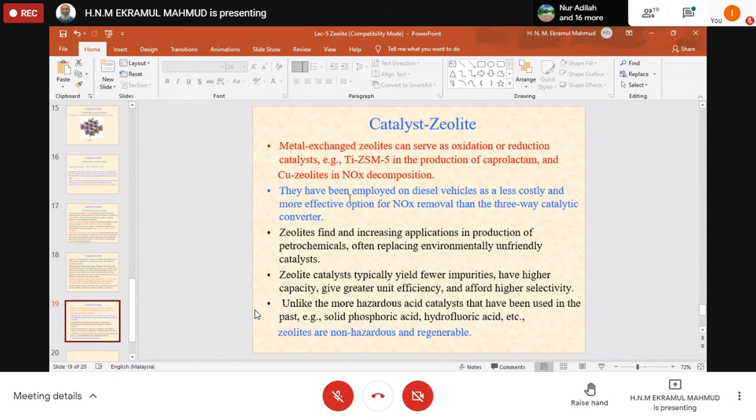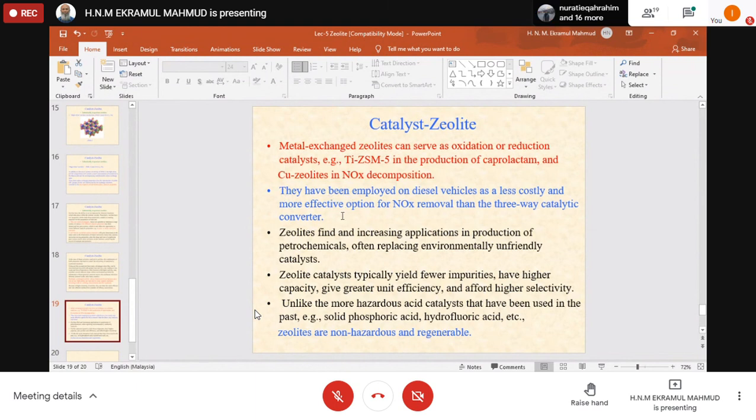Like SOx, that is oxides of sulfur, sulfur dioxide, sulfur trioxide. Together we call it SOx. Here it is NOx, oxides of nitrogen, decomposed by this copper zeolite, right? So this metal can be ion exchanged with the zeolite framework to make this metal zeolite catalyst.